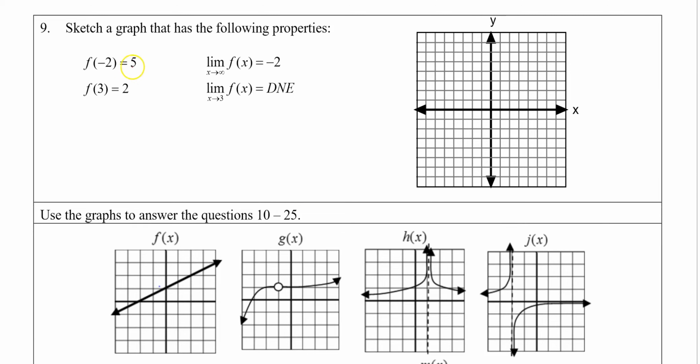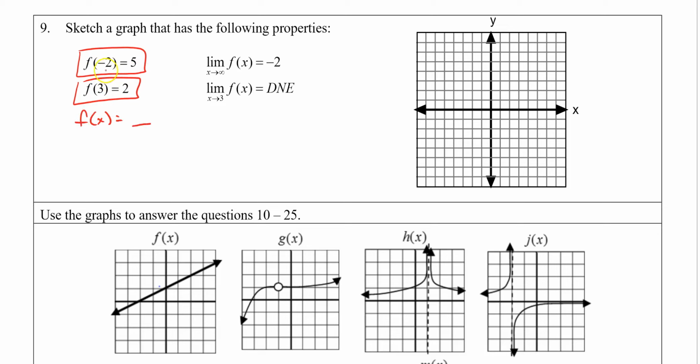So f of negative 2 has to be 5, f of 3 has to be 2, the limit as x goes to positive infinity has to be negative 2, and the limit as x goes to 3 cannot exist. So let's start with the 2 easy ones. Remember that notation says f of x equals something.